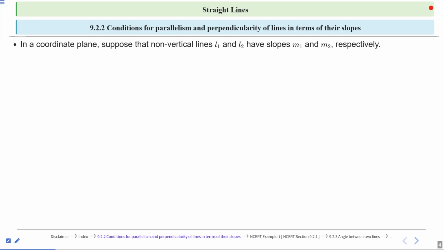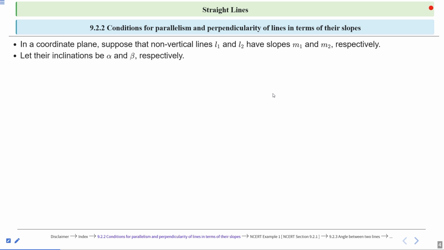First, we discuss conditions for parallelism of lines in terms of their slopes. In a coordinate plane, suppose that non-vertical lines L1 and L2 have slopes M1 and M2 respectively.